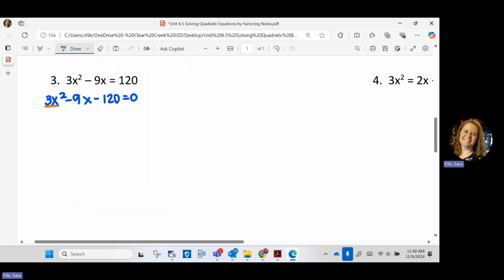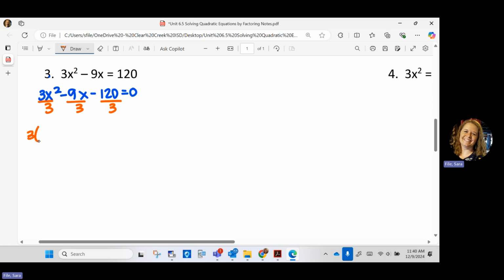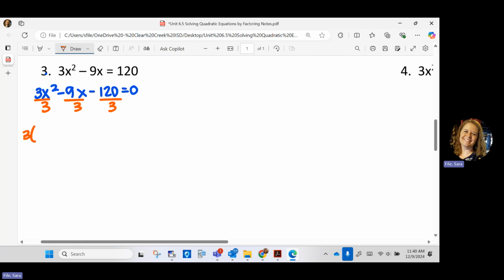All of these are also divisible by 3. So I'm going to take out my GCF of 3. This time they don't all have an x term though, so just 3, not any x. So that's going to leave me with x squared, because those 3's will reduce. That will leave me with negative 3x, and that will leave me with negative 40.